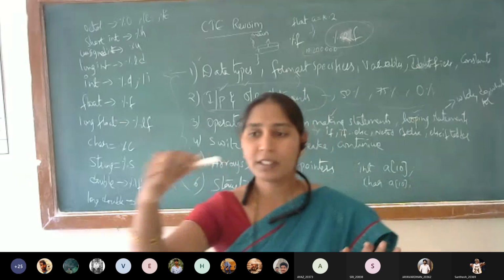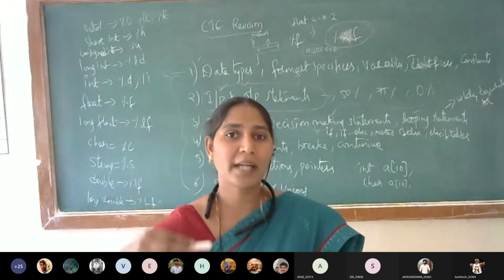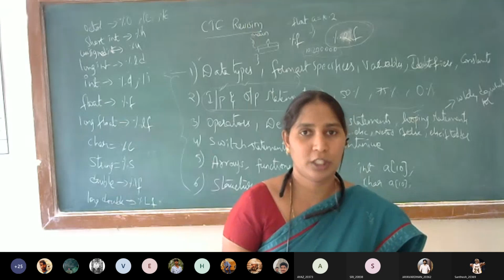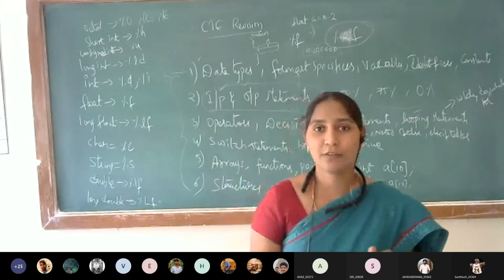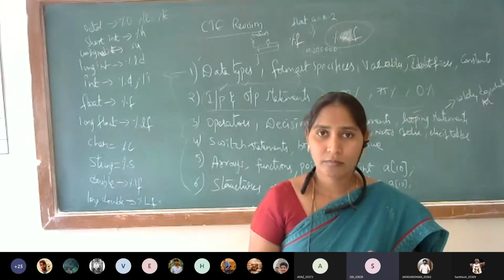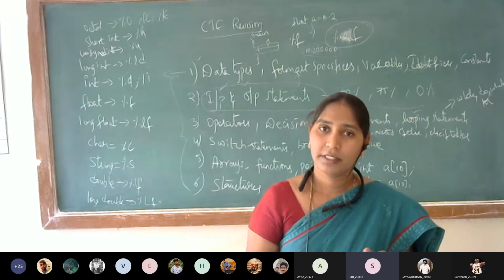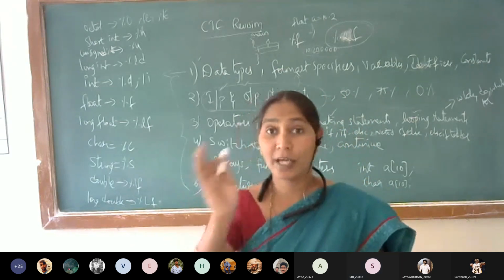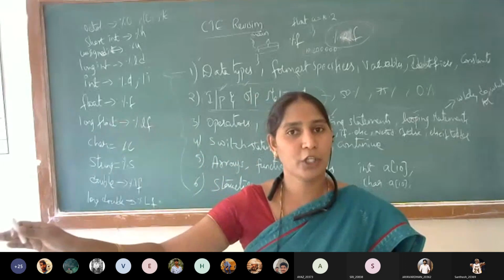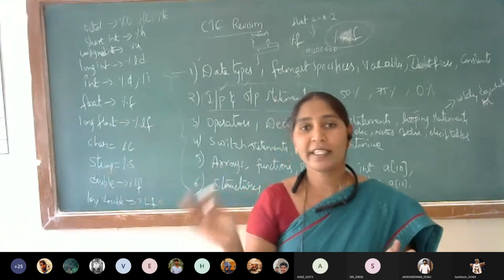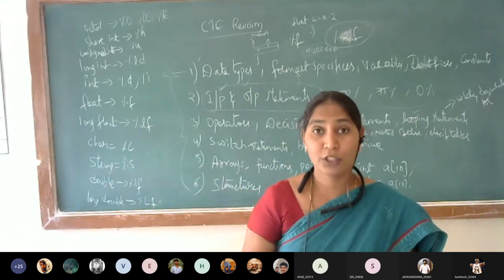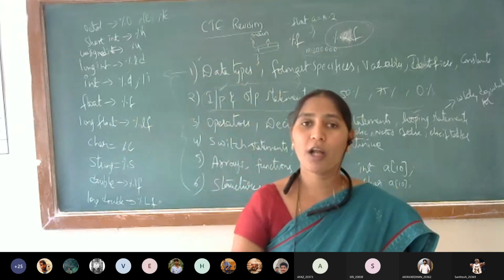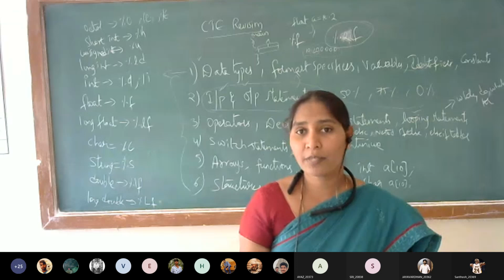Between the declaration part and the executable part, you have to make use of the clear screen function. What is the purpose of using the clear screen function? It clears all the output which we executed before. Previously executed programs' output will be present on your output screen, so you would get confused about what your program's output is. To overcome that, you want to clear all the previous output.